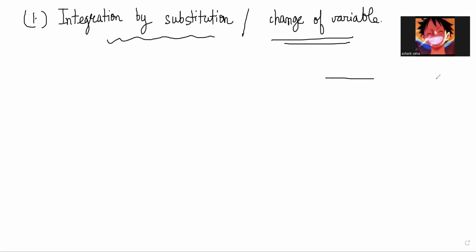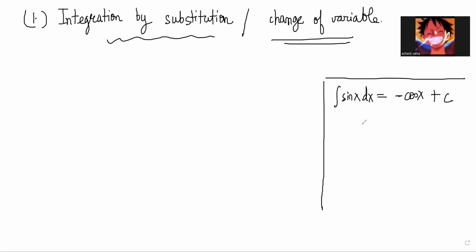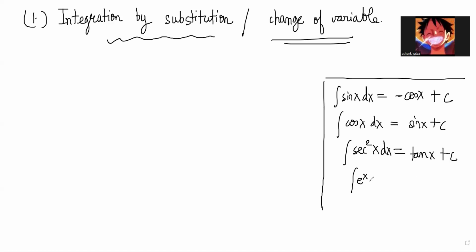So what is this method? First of all, you have to realize that you will have a table of basic integrals, right? Those basic integrals you need to know, like sine, cos, secant square x, which was giving us tan, and your e power x and your x power n.